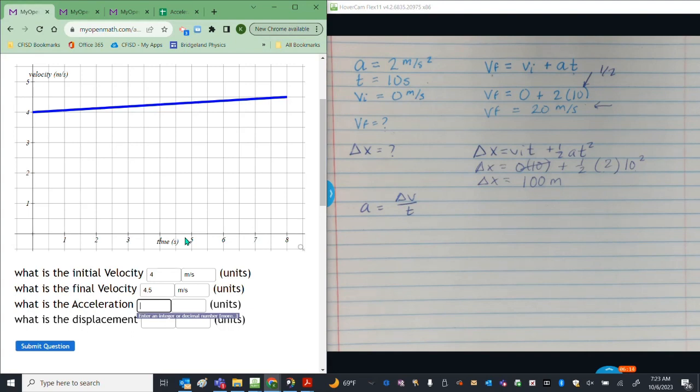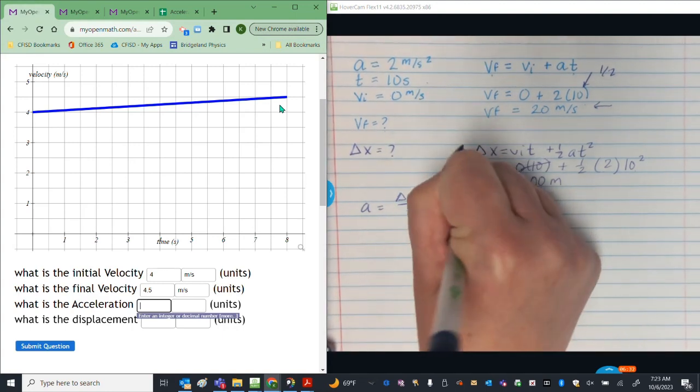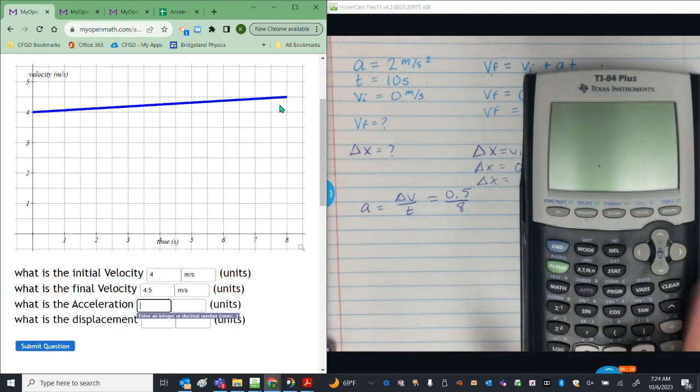Again, if you need to write it down, the slope of your VT graph is acceleration. So if I want to find acceleration and I'm looking at a velocity time graph, I am going to find slope. So rise over run, I only go up by a half the whole time. So half over the total time was 8 seconds, so that would be 0.5 divided by 8. And that would give me a pretty small number.